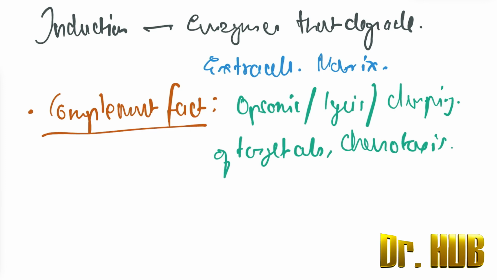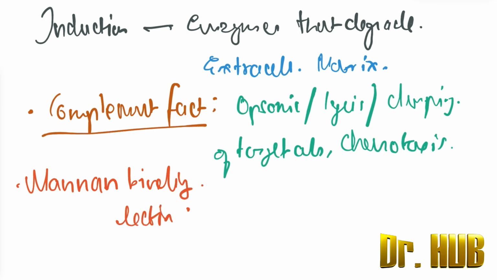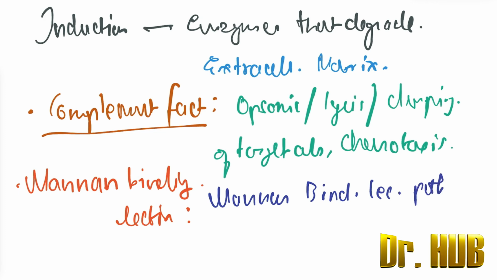Then we look at the mannan binding lectin. Here it involves the mannan binding lectin pathway. This is of the complement activation.